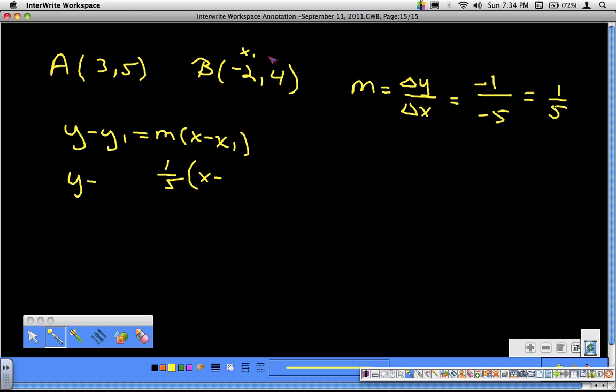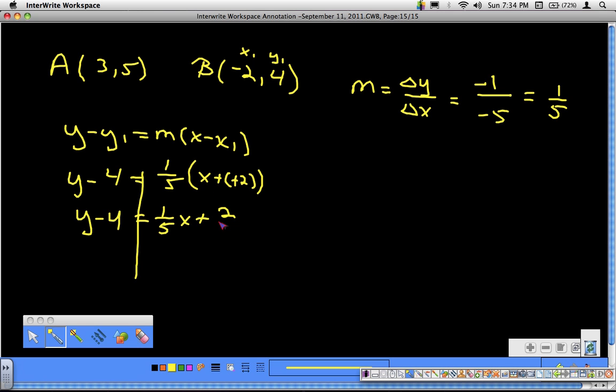So I'm going to go minus 4. And on this side, I'm going to go minus a negative 2. So let's simplify this. So I get y minus 4 equals, and I can do distributive here, 1/5 times x. And 1/5, here we've got a negative times a negative, which is positive. So 1/5 times positive 2 is positive 2/5.